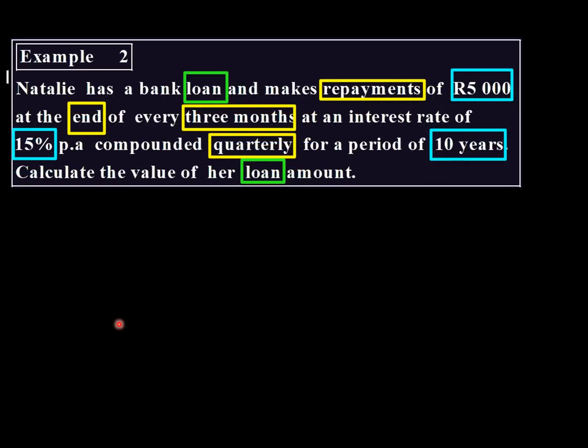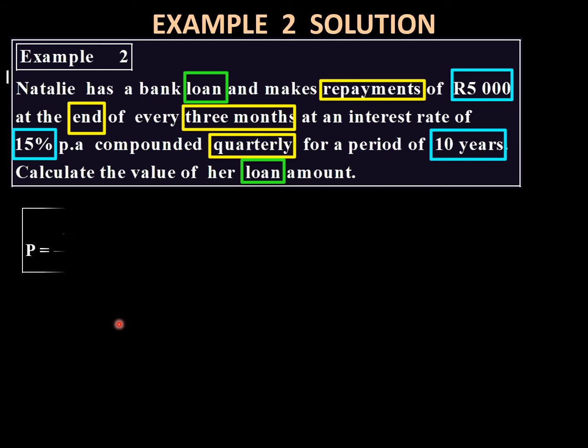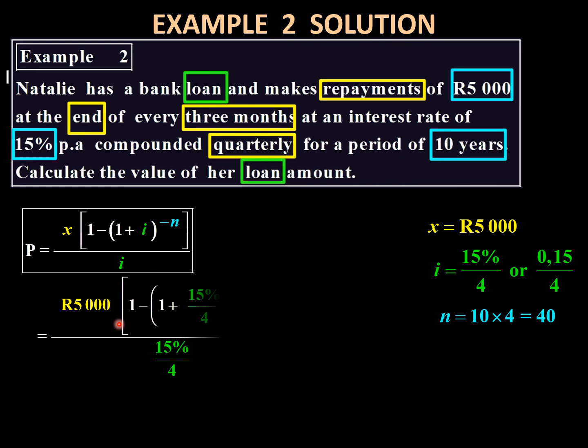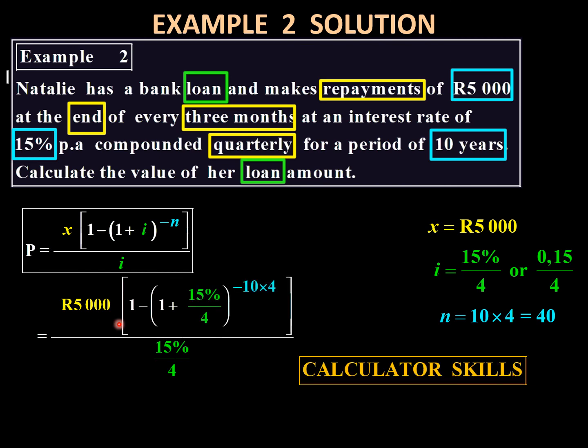Now let's actually look at Natalie's loan here. So we said it's a present value. Those are the values, so we just have to enter those values there, substitute. And if we substitute that, this one is quite easy. Be careful with that negative there. And if we calculate that, the present value is 102,000.